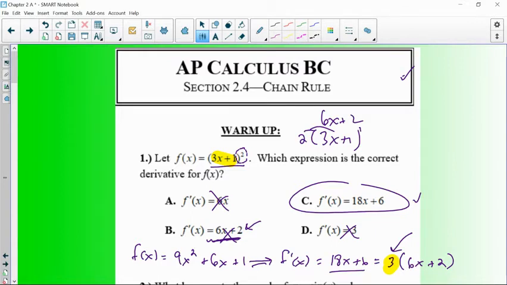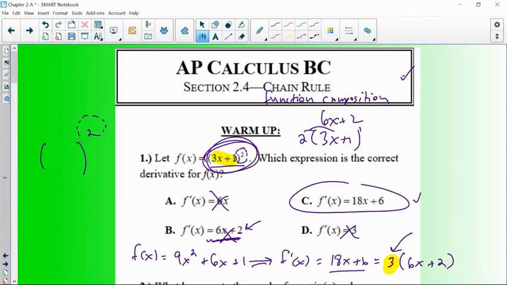The chain rule helps us deal with function composition. Function composition means that you have a function that's sitting inside some other function. So if I look here, technically I have a quadratic, (3x + 1)^2.